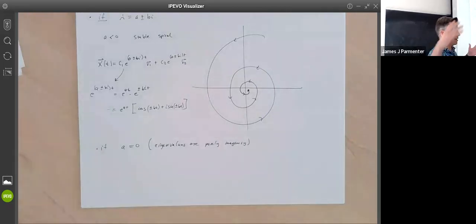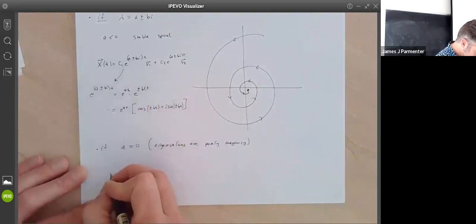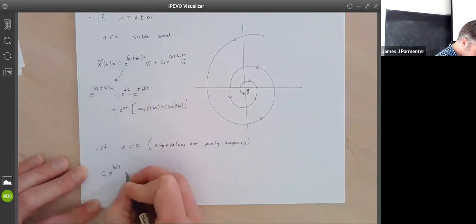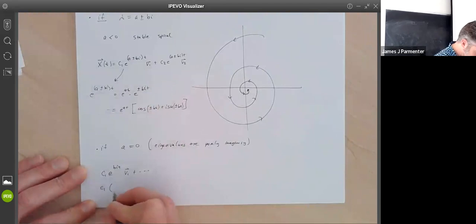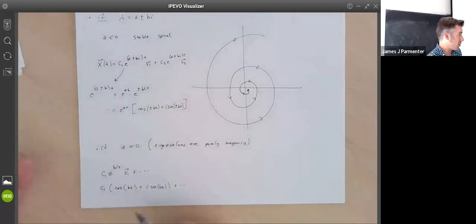It's going to oscillate, but the values aren't going to get larger, because in this situation we just have e to the Bit. So you're just getting C1 times cosine of Bt plus i sine of Bt plus the rest.